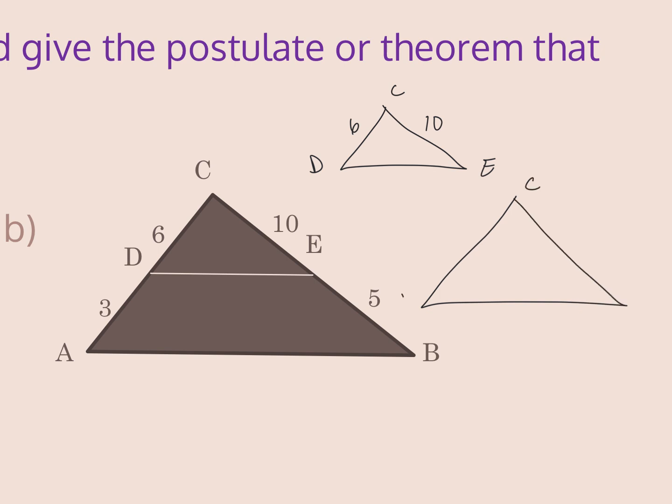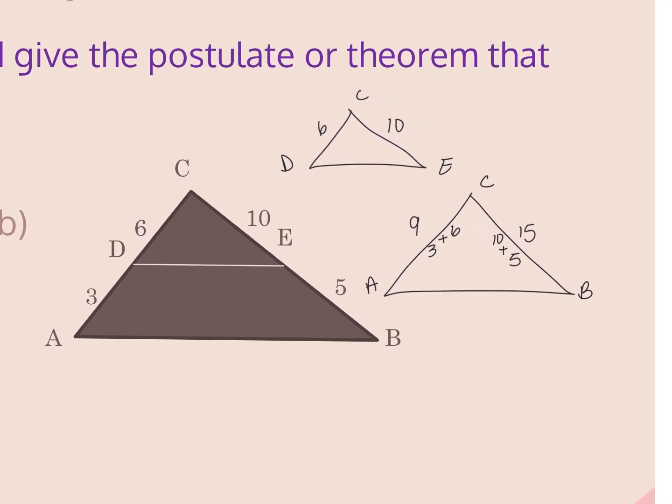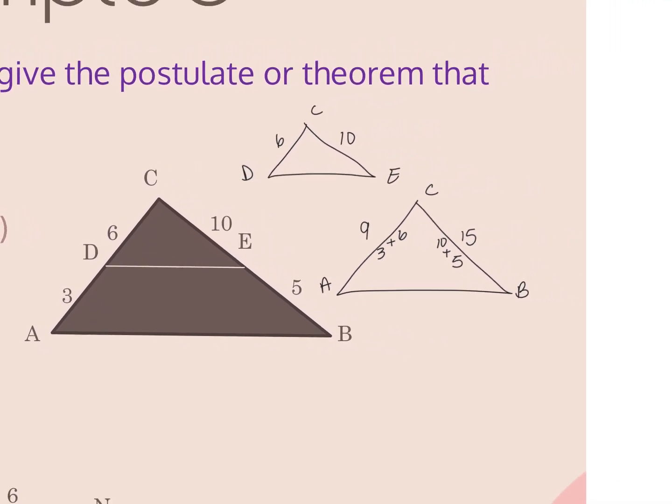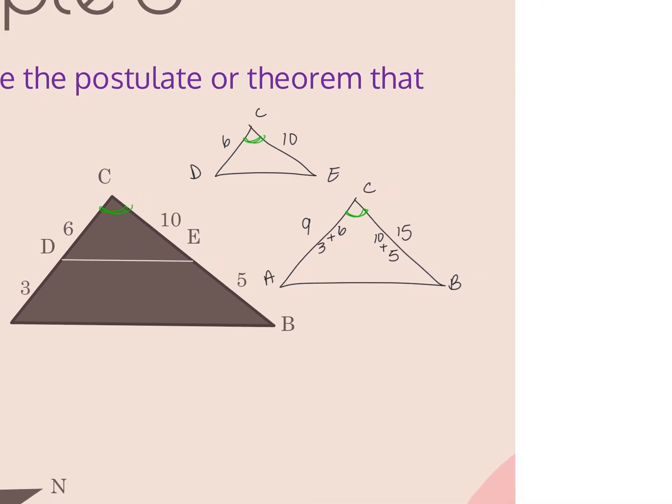I have C, A, B, and I'm adding them. 6 plus 3, what would I get? Don't forget you have to add them. 10 and 5, and I'm going to get 15. Are they sharing any angles? Good, they're sharing angle C. So I know this is going to be congruent right here, so I'm going to draw my congruency mark because they're sharing it. And then now we just have to find out about my sides.